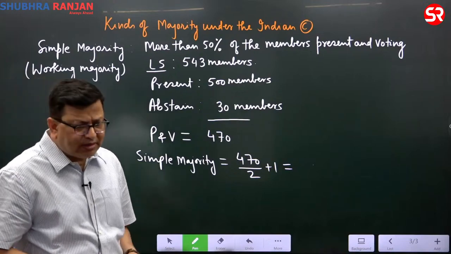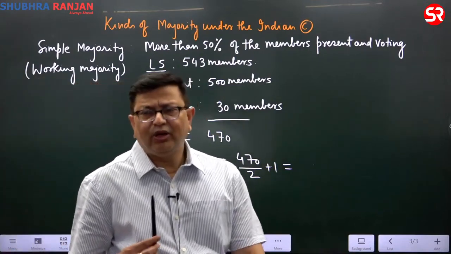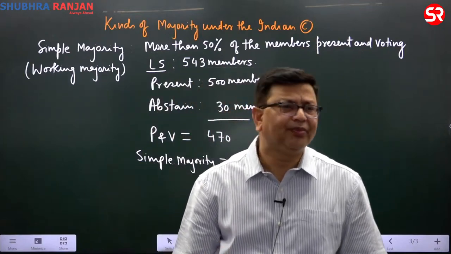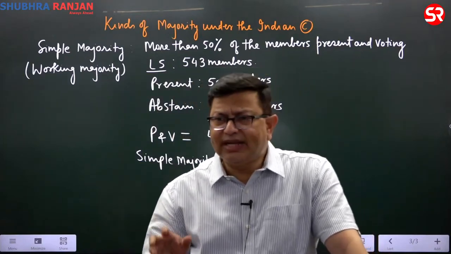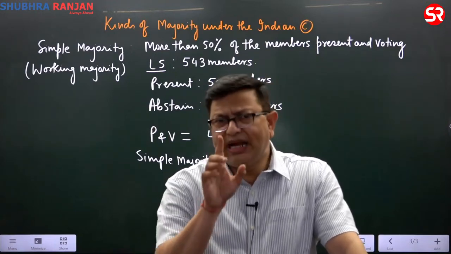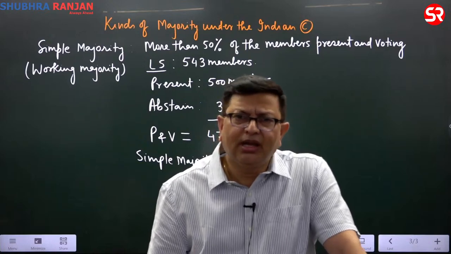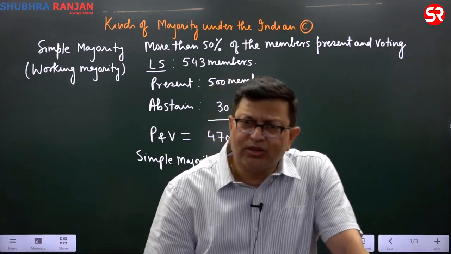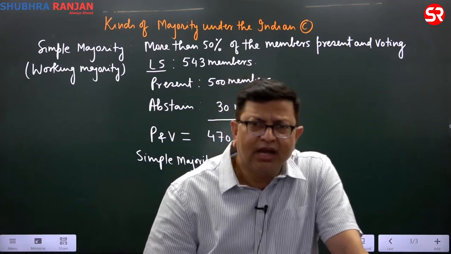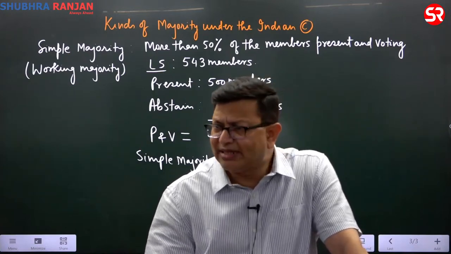Now, if you have not understood it, I will make the things simpler for you. Suppose the strength of this class is 70 students, including our online students. And suppose out of 70 of you, 65 are present in the class.